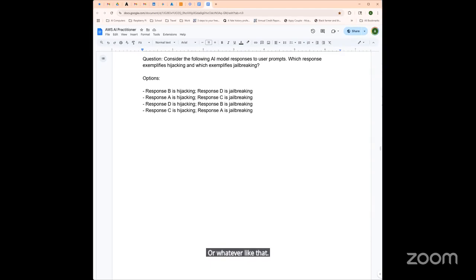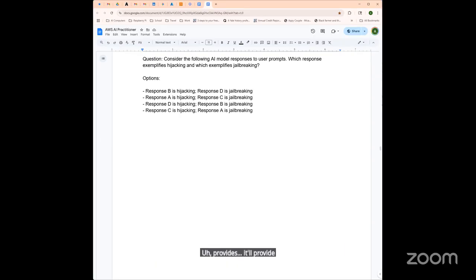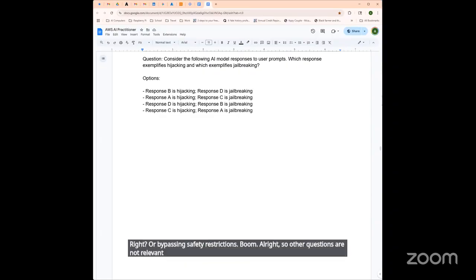That would be the model being manipulated to serve a malicious purpose. And jailbreaking would be turning an innocent prompt about poetry and then all of a sudden it provides information about disabling antivirus software, or bypassing safety restrictions. So the other questions are not relevant because I don't have the photo here. My apologies.